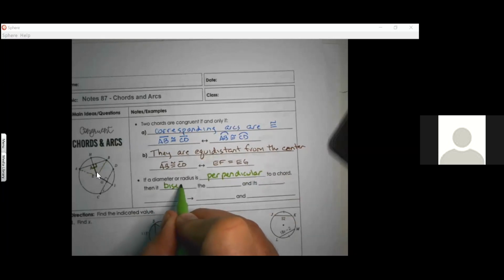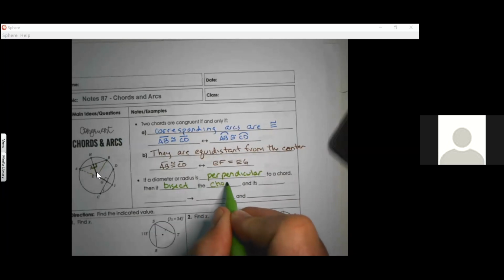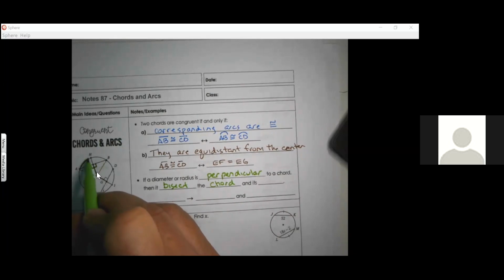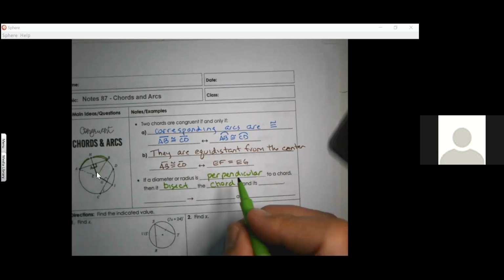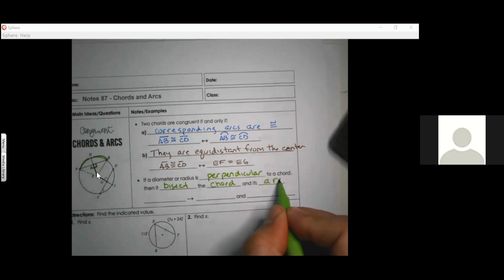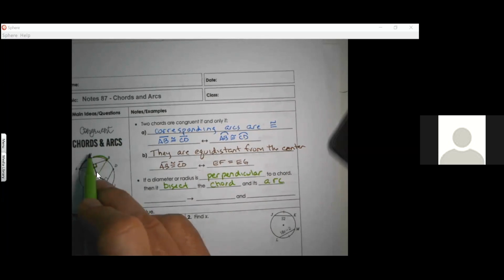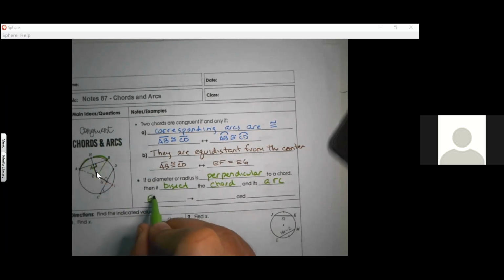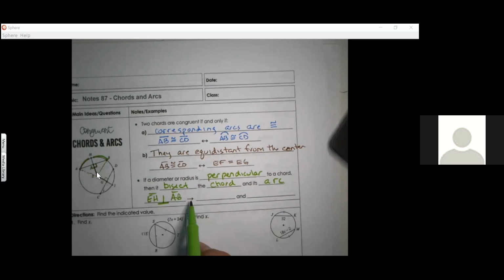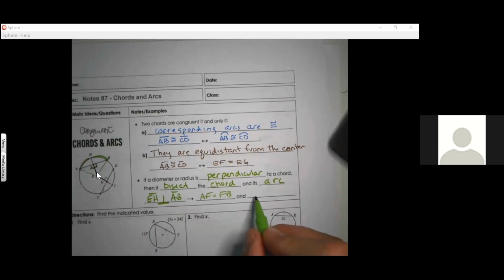It bisects the chord, and it also is going to bisect the arc, such that if we know that EH is perpendicular to AB, then we can surmise that arc AF and arc FB are going to be the same size, and that AH and HB will be the same size.